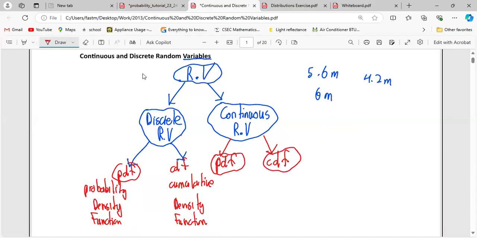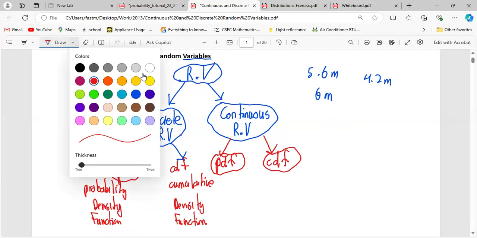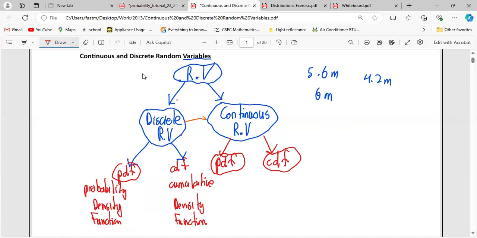So you need to know how to find the PDF and the CDF for both a discrete and a continuous random variable. Alright, and from both of these, linking these two, you need to find the expectation, which is like the mean, or mu if you want to call it.